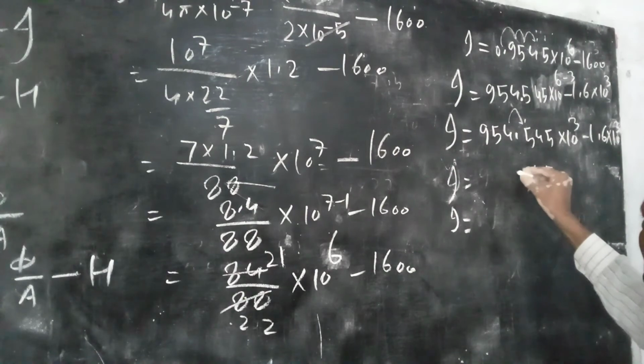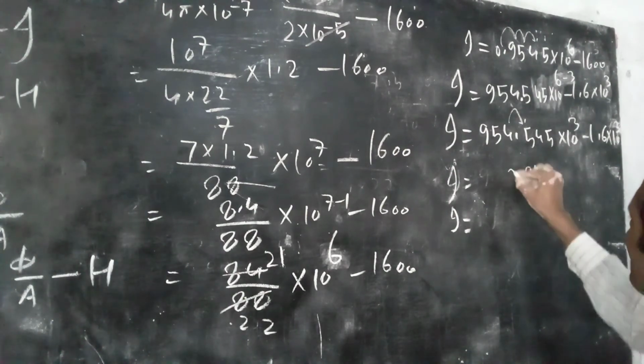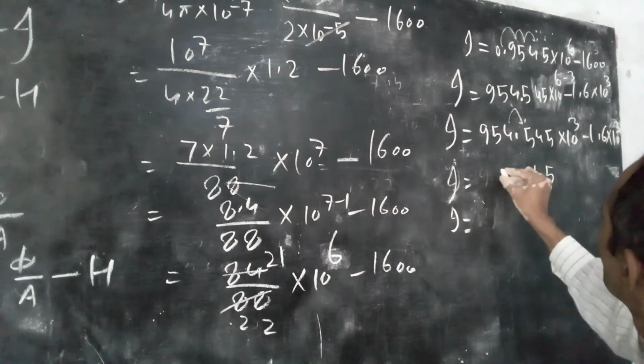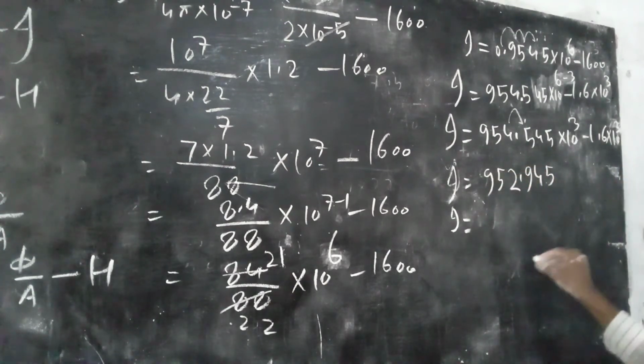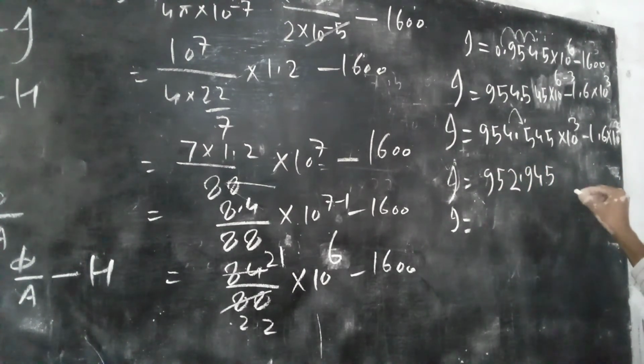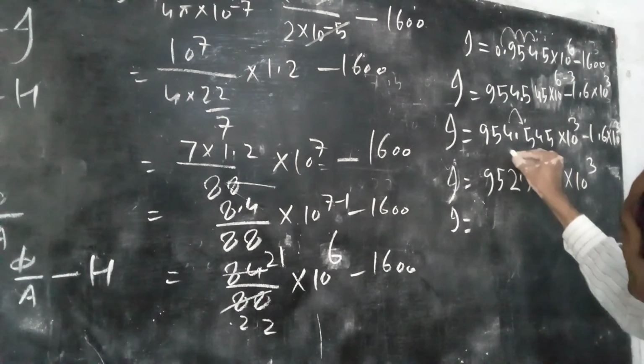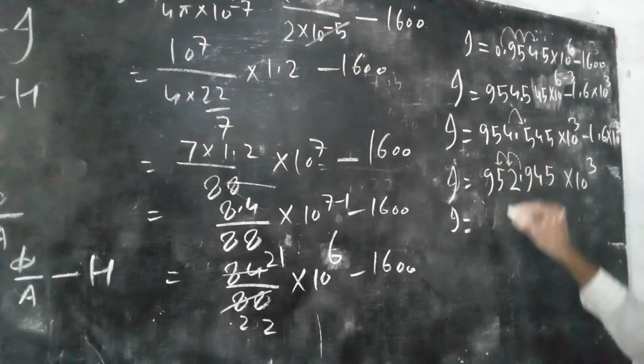Then you get 952.5 into 10 to the power 3. Now shift decimal 2 digits left.